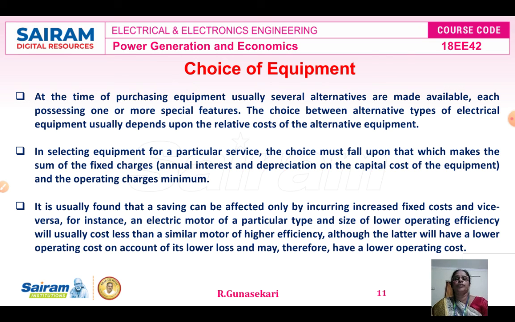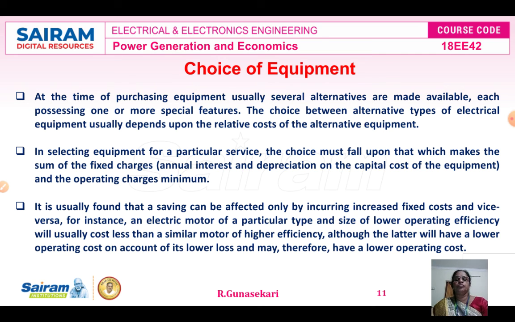During the selection of equipment for a particular service, the choice must fall upon the equipment that makes the sum of the fixed charges, that is annual interest cost, depreciation cost and capital cost of the equipment, and the operating charges a minimum. Usually, the saving can be effected only by incurring an increased fixed cost and vice versa.